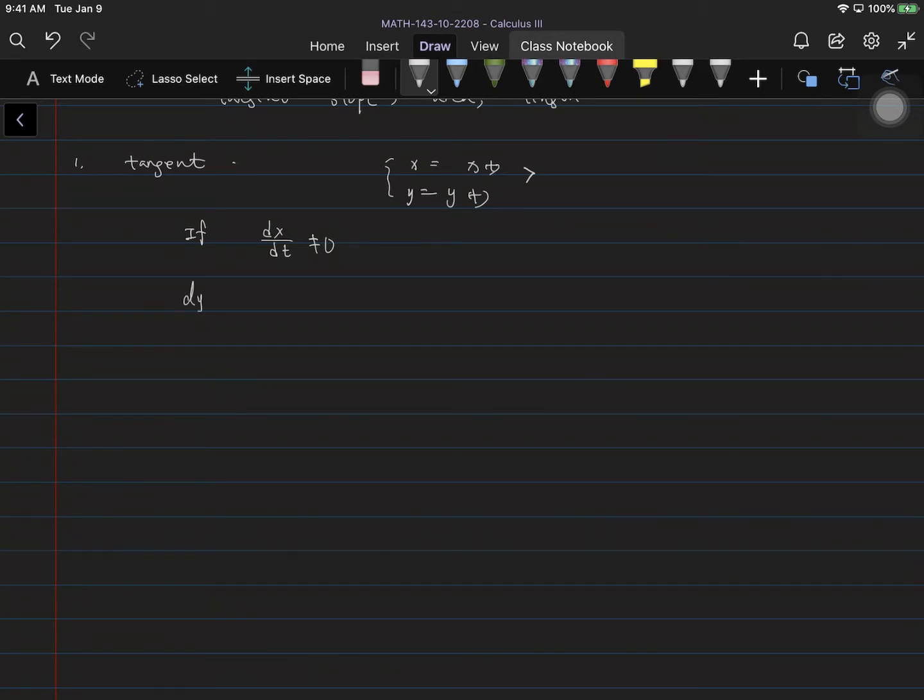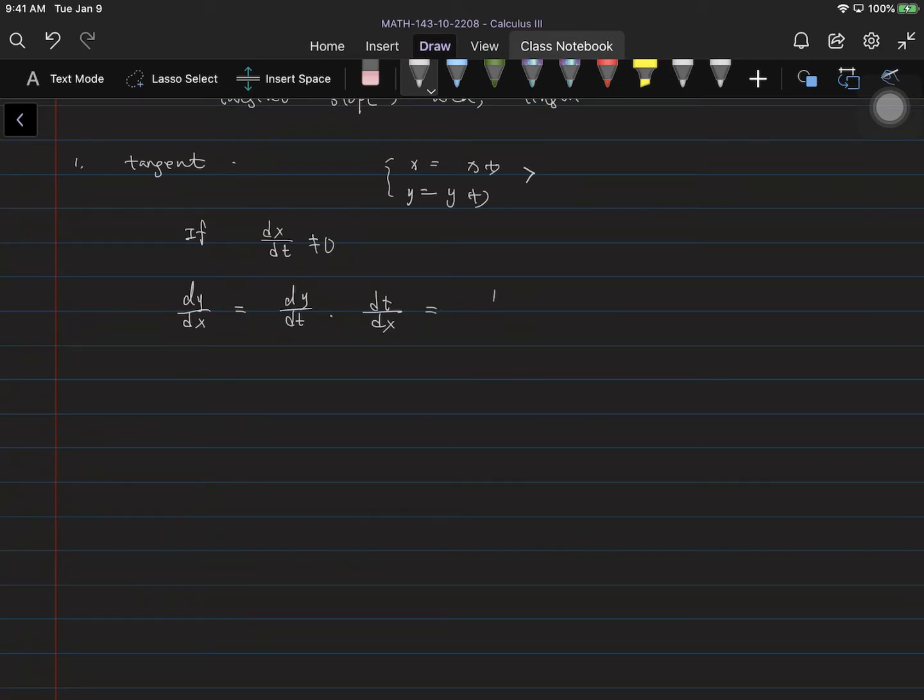Now let's see dy/dx. dy/dx is still the slope of the tangent, just means the derivative of the function, right? It just means the function is given another way, but it's still a function. So dy/dx equals dy over dt times dt over dx. You can see if we cancel the dt, they are the same thing, right?